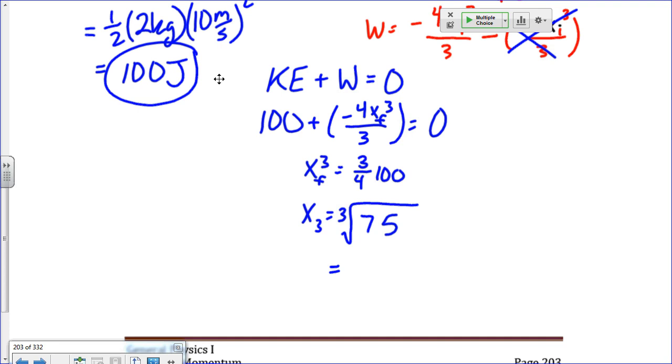Is it 4 times 4 is 16? 3 point something. 4.2. All right. So that means that this object traveling along will travel for 4.2 meters along that place where that force is acting.